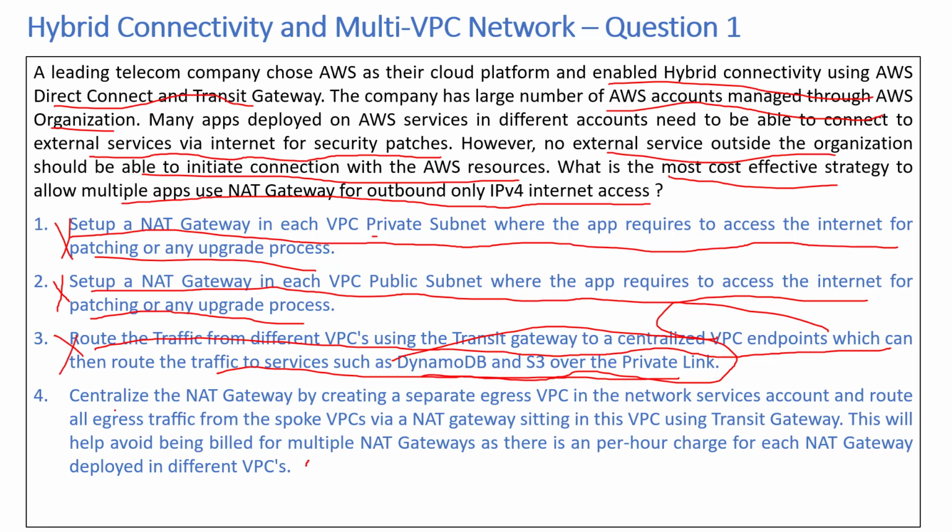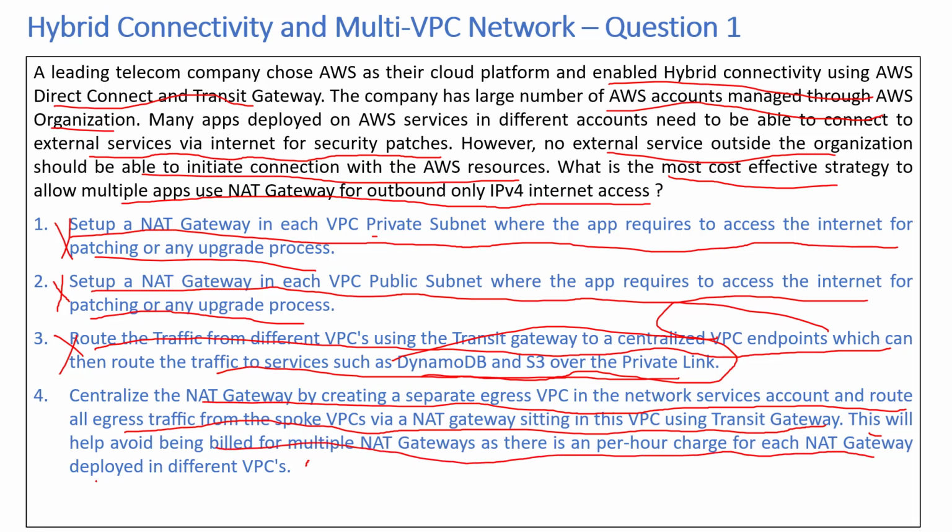Okay, now the last one: centralize the NAT gateway by creating a separate egress VPC in the network services account and route all the egress traffic from spoke VPCs via the NAT gateway sitting in that VPC using transit gateway. This will help avoid being billed for multiple NAT gateways, as there is a per-hour charge for a NAT gateway deployed in different VPCs.